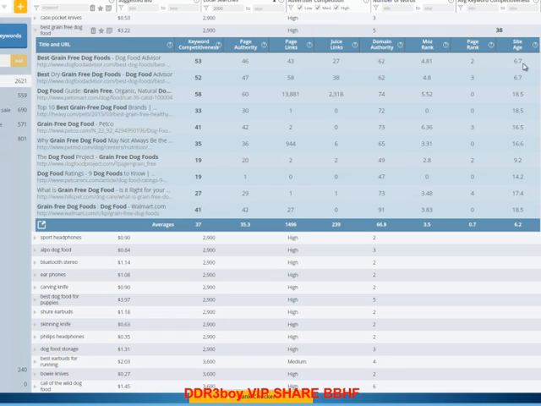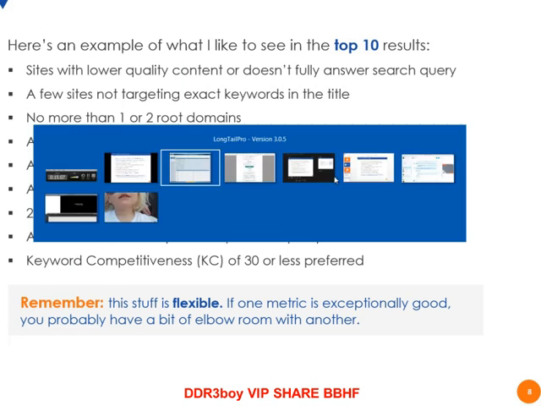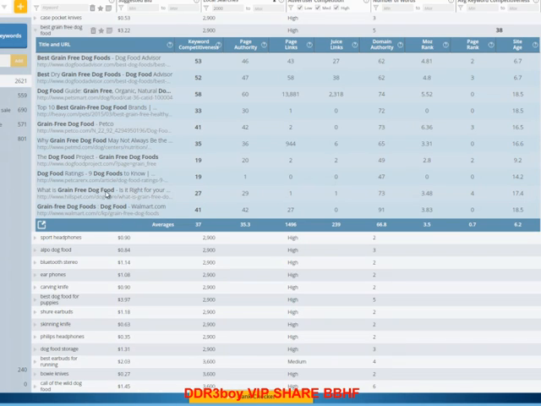Site age is telling me the same thing. We've got old authoritative sites dominating the top 10 results. Weaker types of sites, I'm not seeing that. I've got PetSmart, the same Dog Food Advisor, which we know is an old authoritative site.